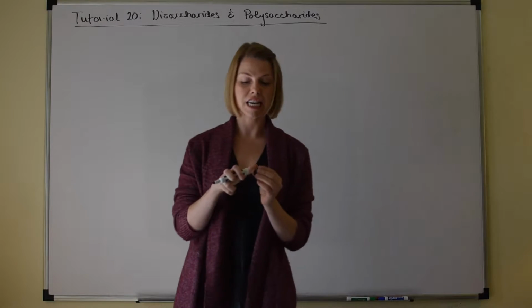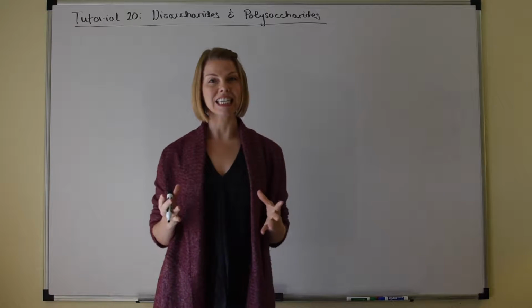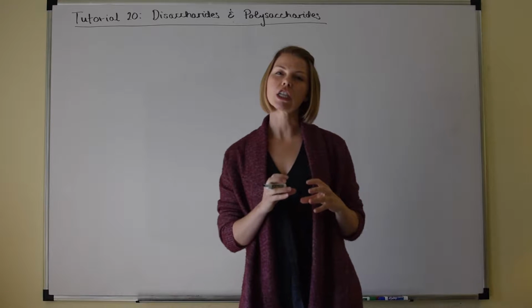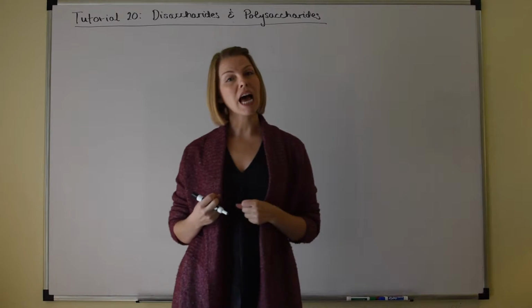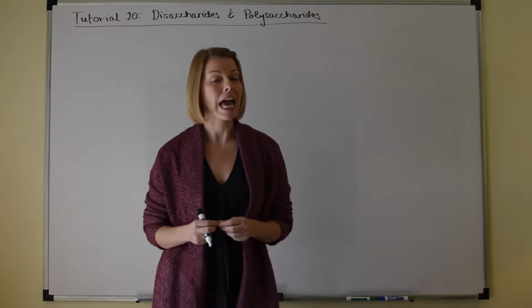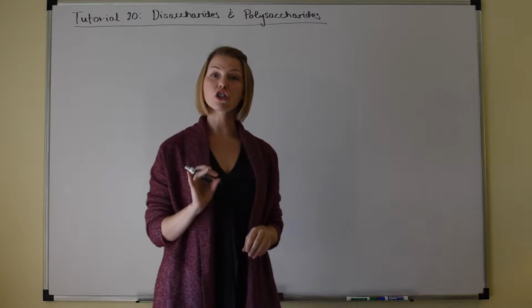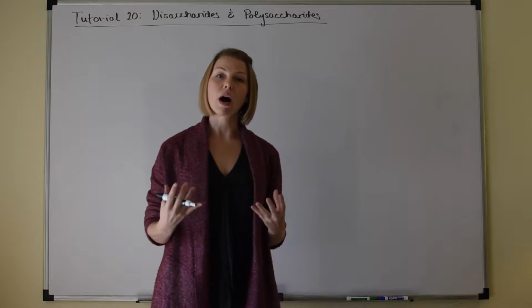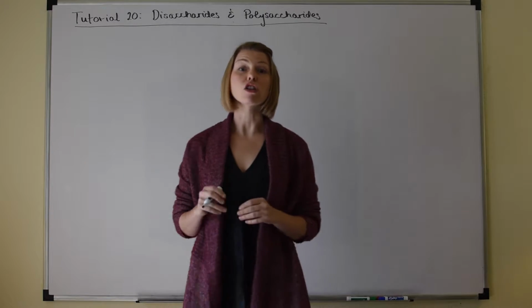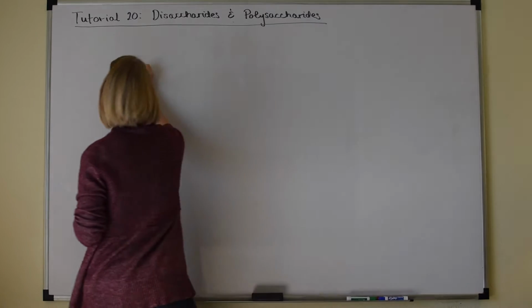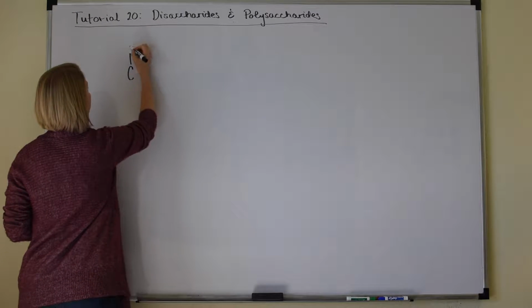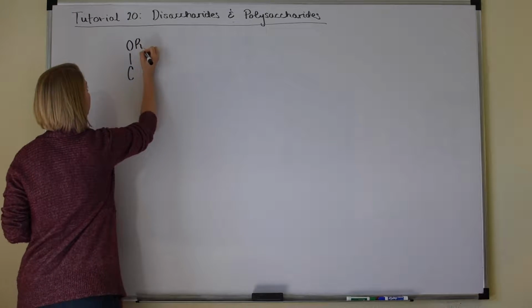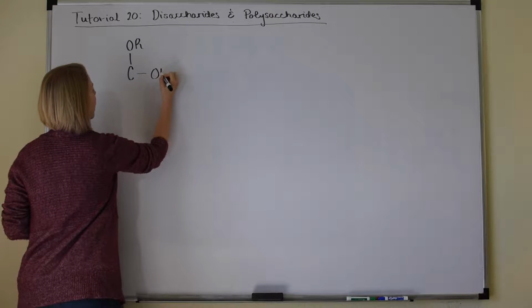So we learned in tutorial 19 that a carbonyl from either an aldehyde or a ketone can react with an alcohol to form a hemiacetal. So just a quick reminder of what a hemiacetal looks like. Remember that a hemiacetal has a carbon that's connected to an OR and an OH.